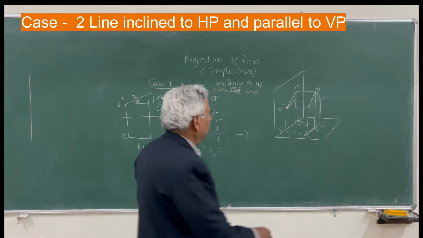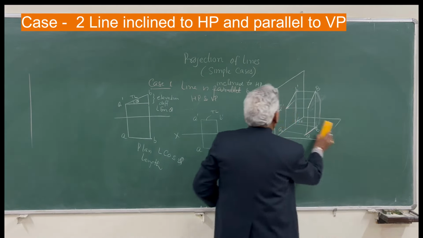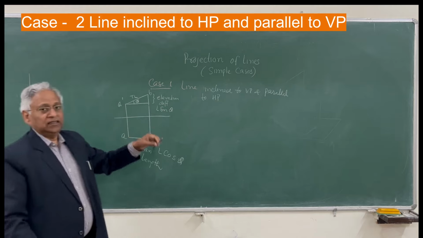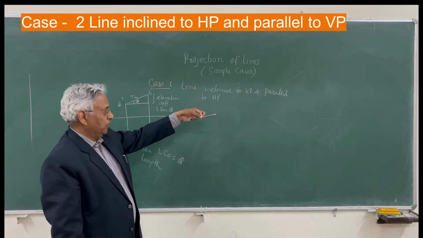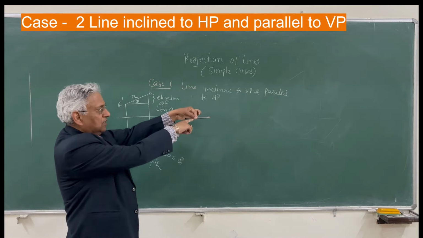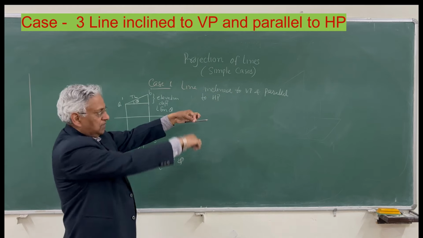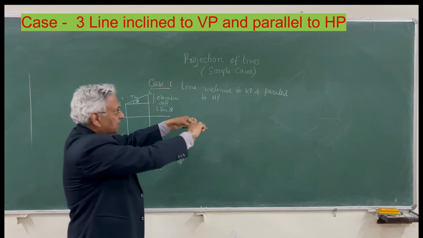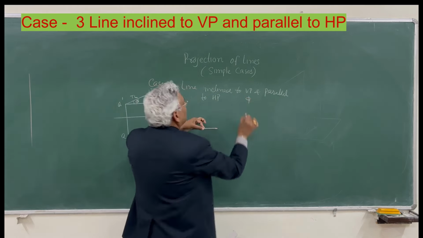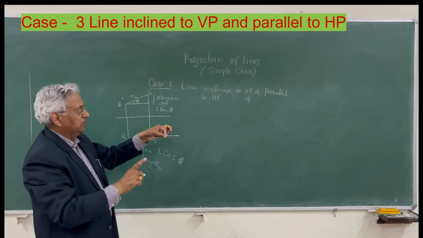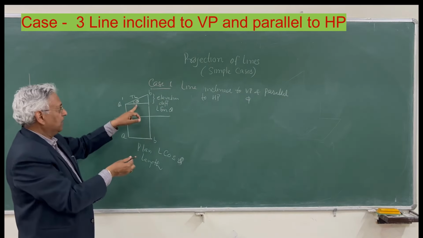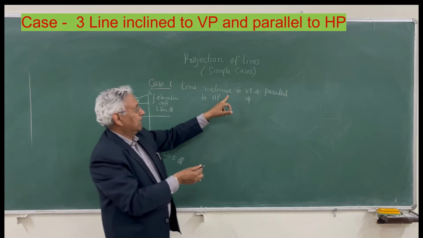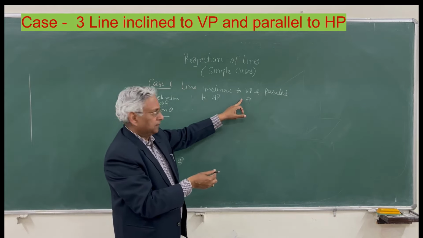Similarly, consider a line inclined to the vertical plane and parallel to HP, like this. This line is parallel to the horizontal plane, but it is inclined to the vertical plane. This angle is called phi. The angle made by the line with the horizontal plane is denoted by theta, and the angle made by the line with the vertical plane is denoted by phi.